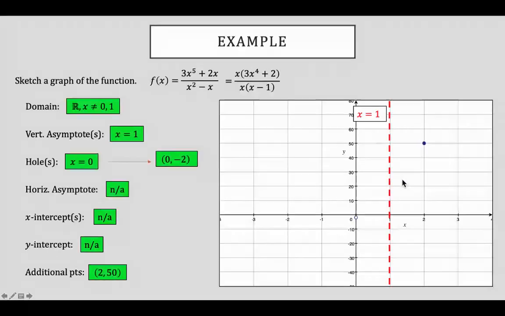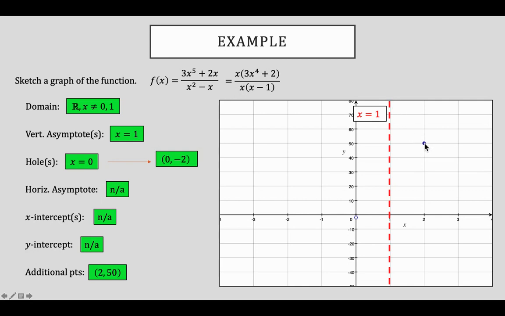It cannot go down because that would require the graph to cross the x-axis. And if it crosses the x-axis, that would require me to have an x-intercept. But because there are no x-intercepts, the graph cannot cross the x-axis here, and therefore my only option is for it to go up as it approaches this vertical asymptote from the right.